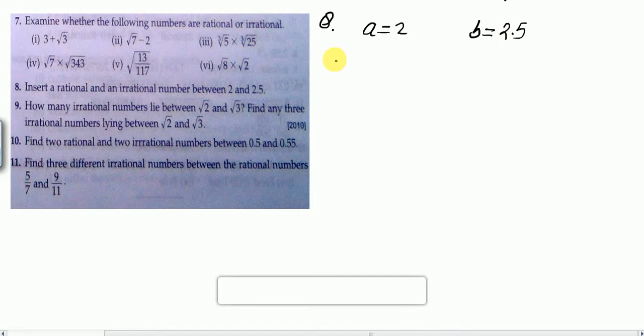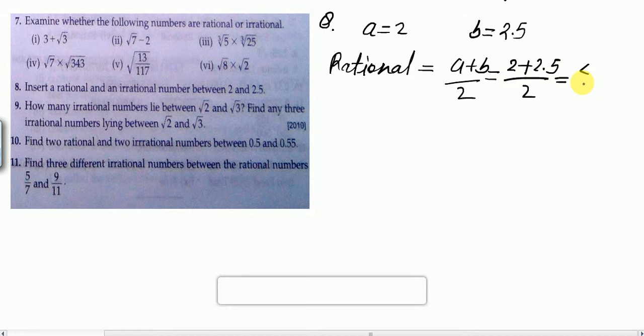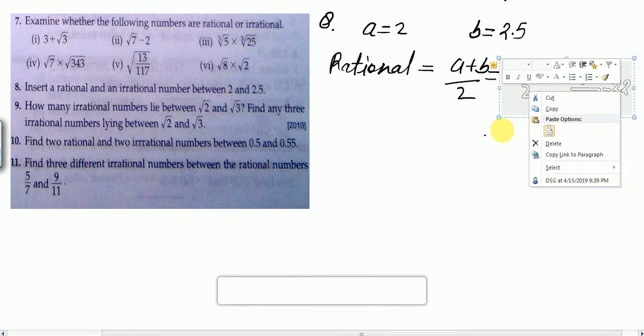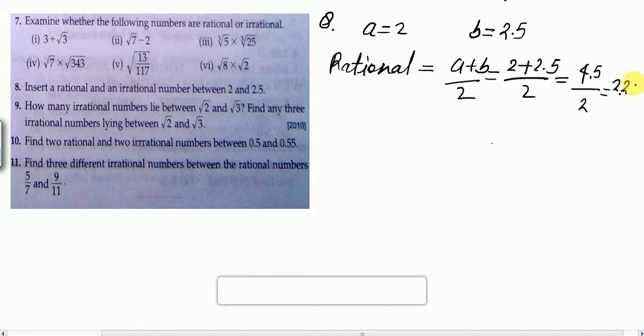The rational number is (a plus b) by 2, according to this (2 plus 2.5) by 2, which can be written as 4.5 by 2, which is 2.25, which is rational.